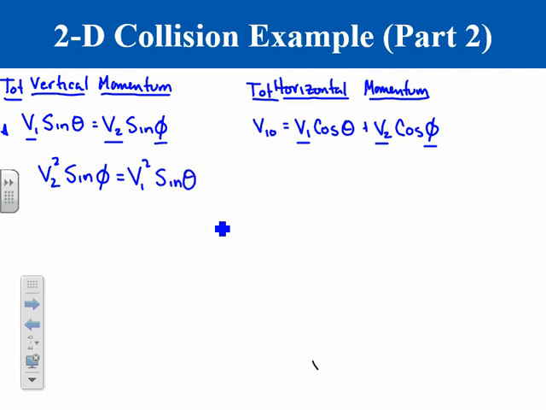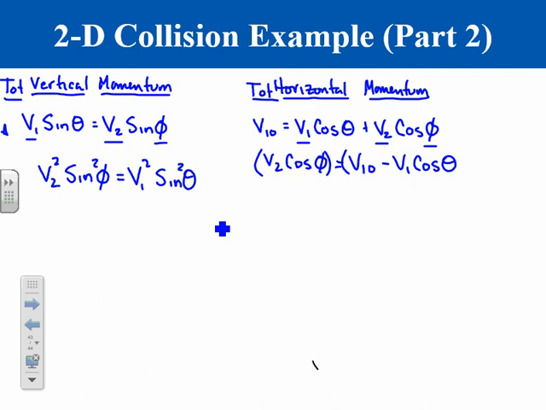Now over here on the right side, I'm trying to get this psi, so I'm going to first rearrange, and I'm going to get v2 cosine psi is equal to v1 naught minus v1 cosine of theta. And then I'm going to do the same thing and square both sides of this. Sorry, this should be sine squared, and this should be sine squared over on the left side.